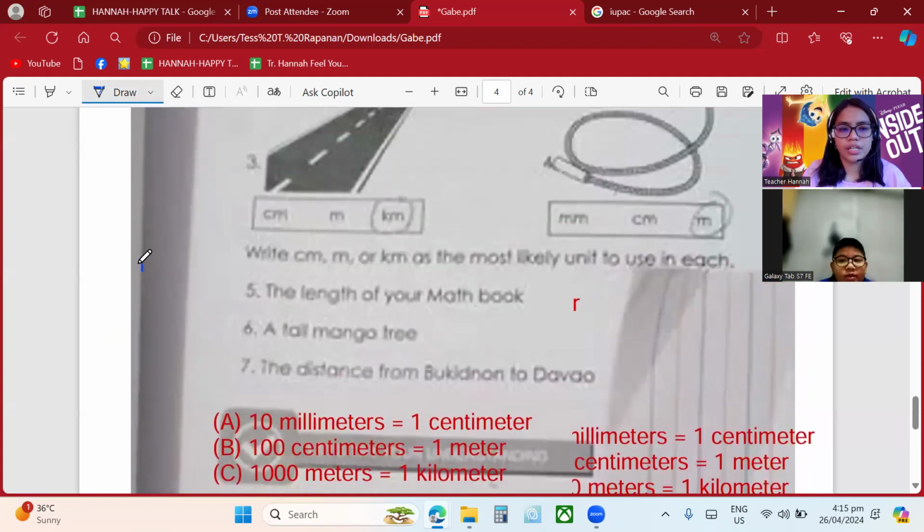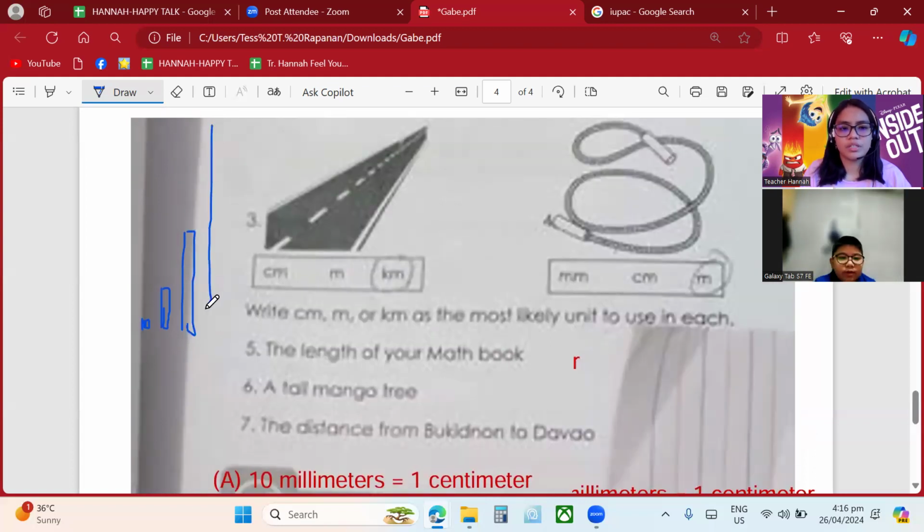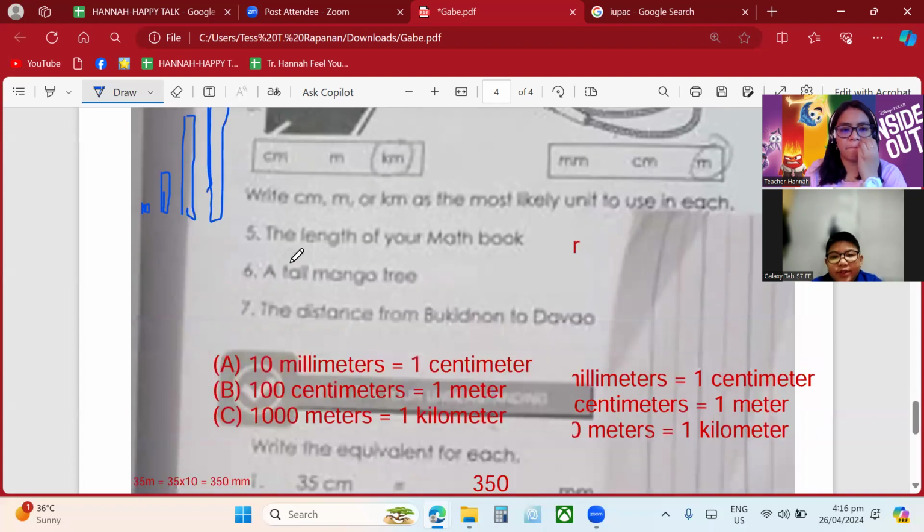This one is millimeters. This one is centimeters. This one is meters. This one is kilometer. The answer is kilometer.